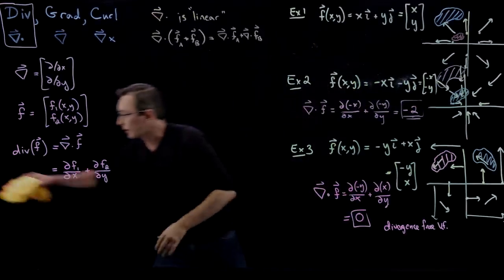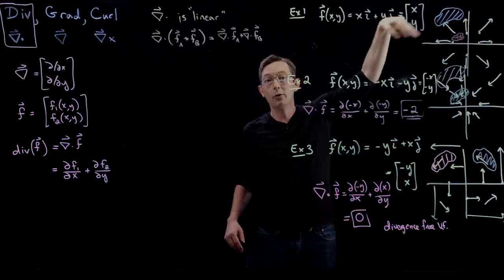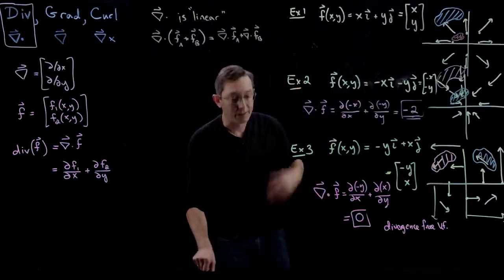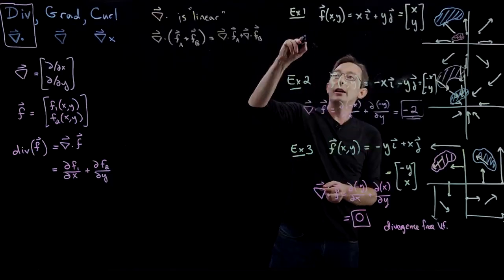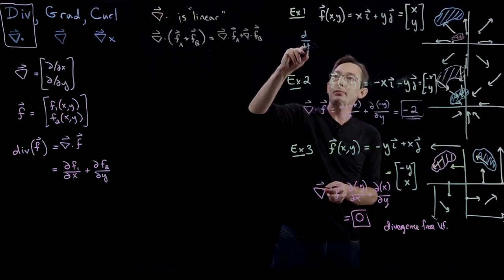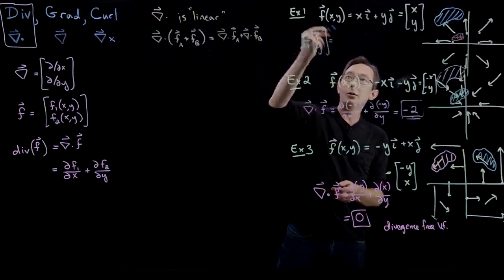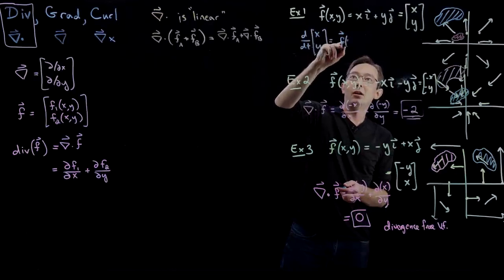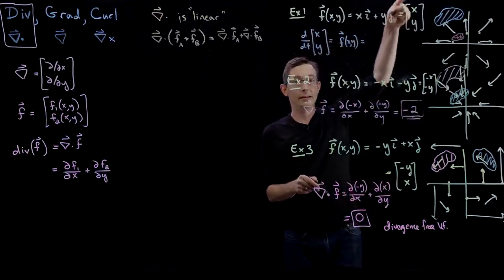I can think of how a particle will flow or move around in this vector field. And this is a very useful perspective in systems. So I can write d/dt of my point (x, y) equals f bar of x and y. And in that case, it equals this vector field here.